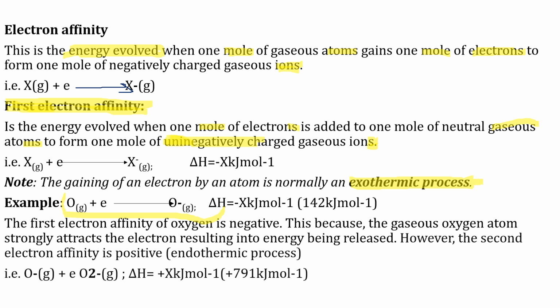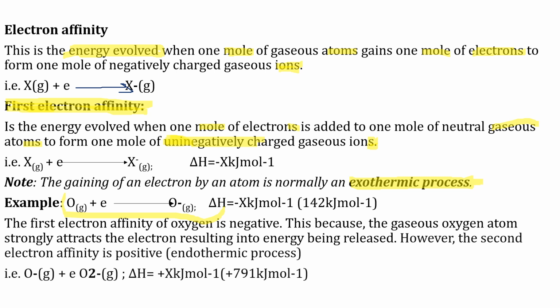So we are saying that the first electron affinity of oxygen is negative. Why is this so? This is because the gaseous atom strongly attracts the incoming electron. The more strongly the incoming electron is attracted, the more energy is released, and the more energy is released, we expect the higher the electron affinity.